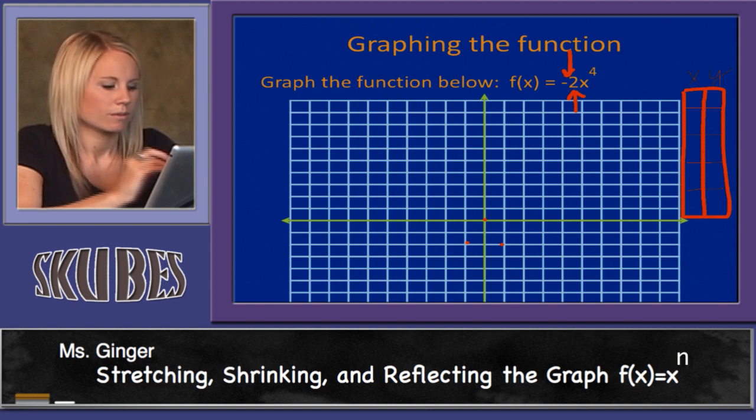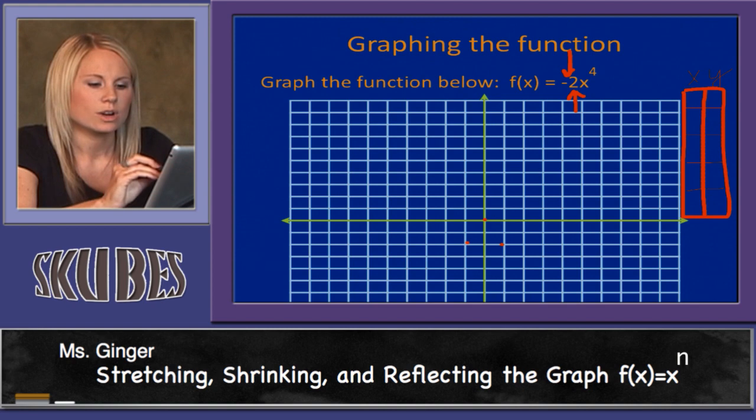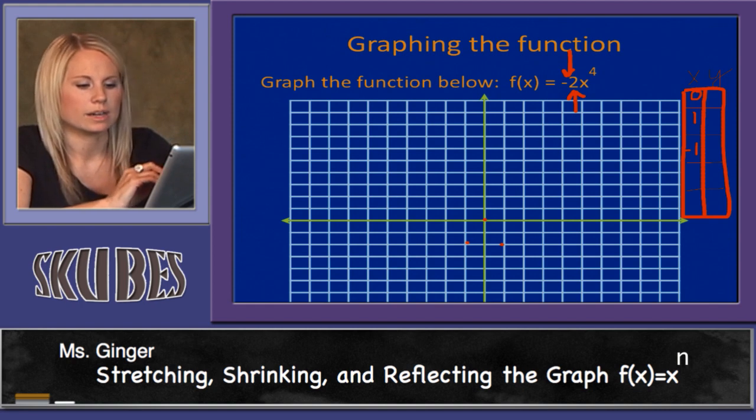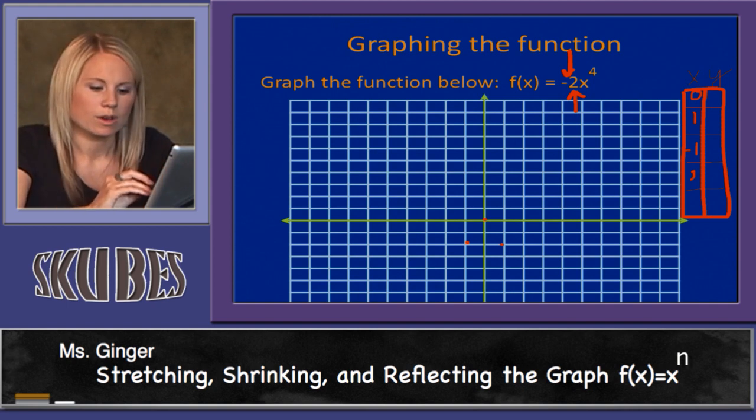Let's test some easy numbers: 0, 1, and negative 1. Those are always good numbers to test because we'll get something positive and something on the negative side. Then we can move up and also test 2 and negative 2.